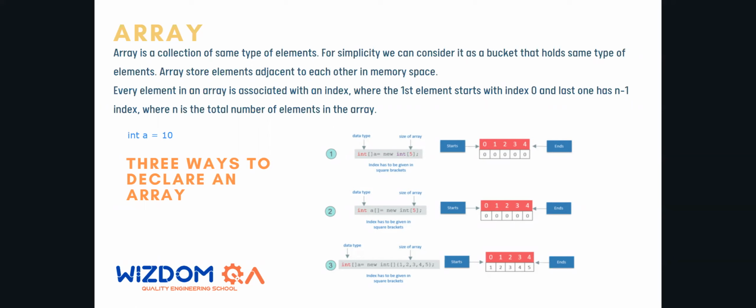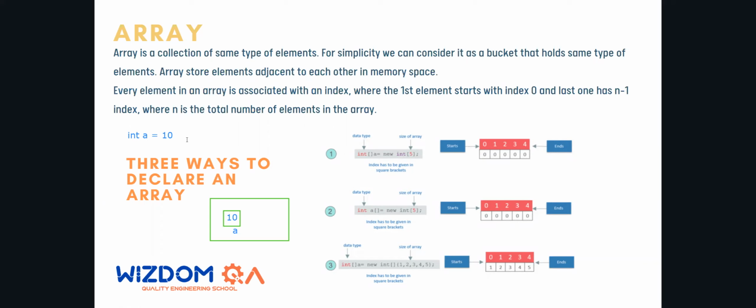So basically what is happening is, in the JVM, the Java Virtual Machine, you are creating a variable, giving it a name, which is a, and assigning a value to it, which is 10. That is exactly what happened when you said int a equals 10.